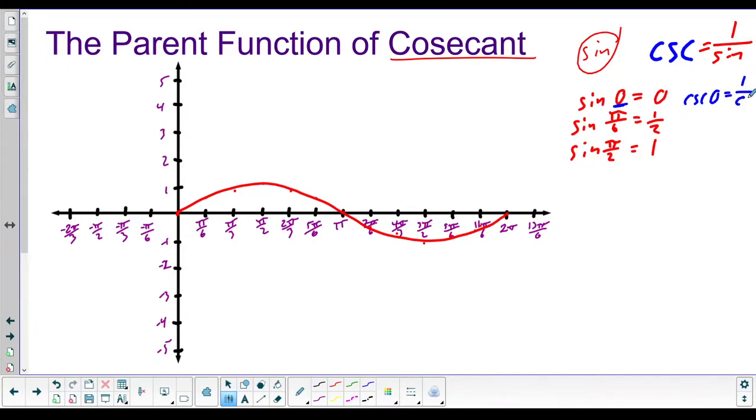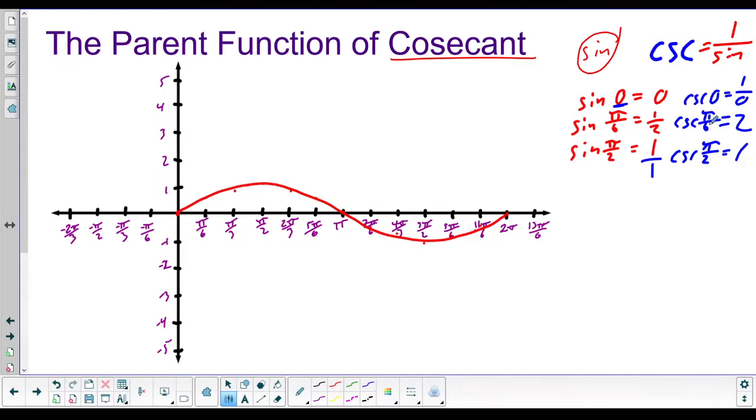So 1 divided by 0, this is undefined. Okay. So our first one's undefined. The reciprocal of 1/2 is 2, right? 2 over 1. And then the reciprocal of 1 is 1. So cosecant of pi over 2 is 1.